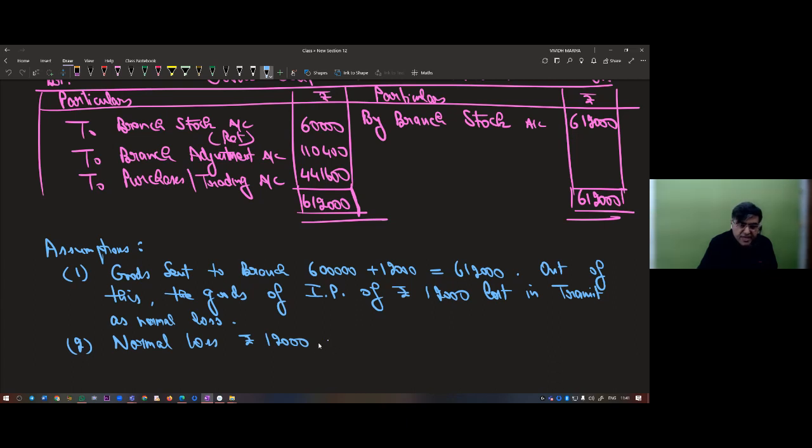Okay. Normal loss is its invoice value. Normal loss is given in the question at invoice value.